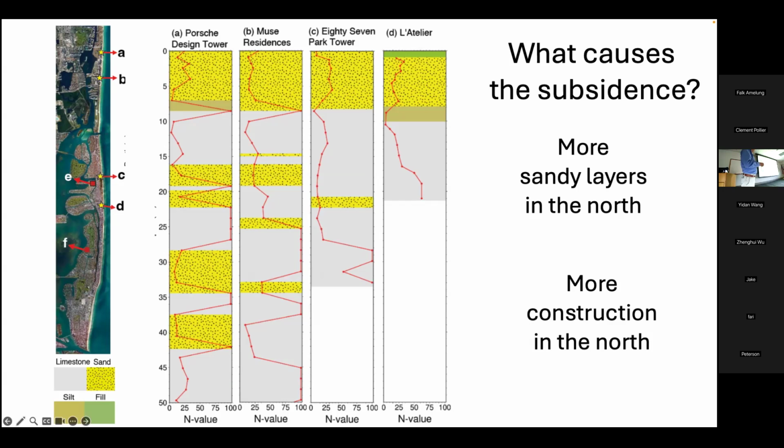So here, for example, for the 87 Park Tower, it's pretty soft, and there it gets harder. In general, what we can see from the little amount of data we have is that further south, in these places, 87 Park and L'Atelier, there is less sandy layer than in the north. And in the 87 Park, it's pretty weak, as shown by the SBT test.